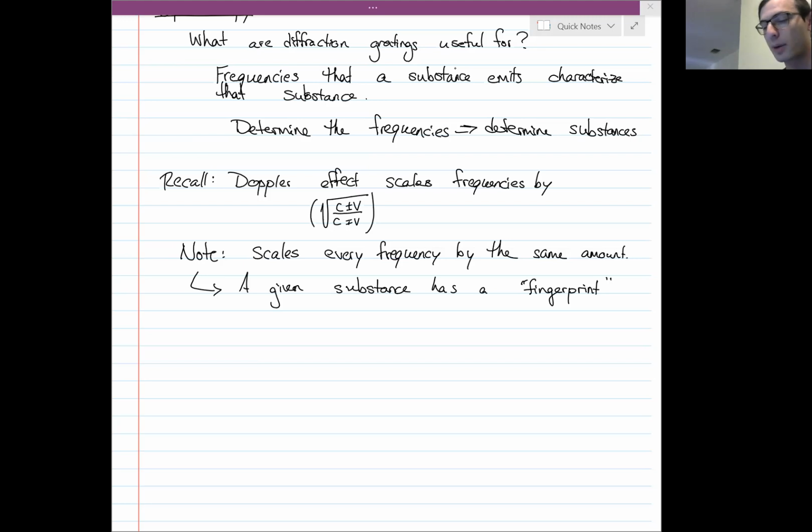The point that I'm about to make is that a given substance has a fingerprint described by the frequencies and their relative spacings.